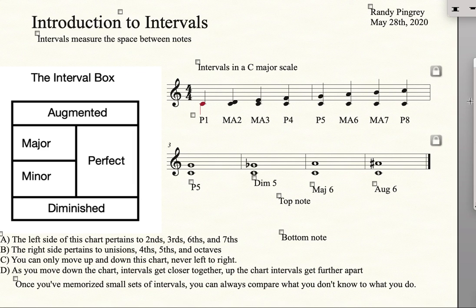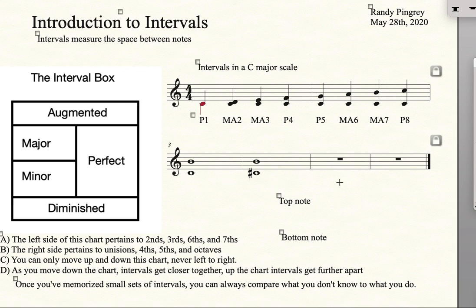Let's do one more as an example. So let's look at C and B versus C sharp and B. So one of the things I want you to memorize is C to B is a major seventh.